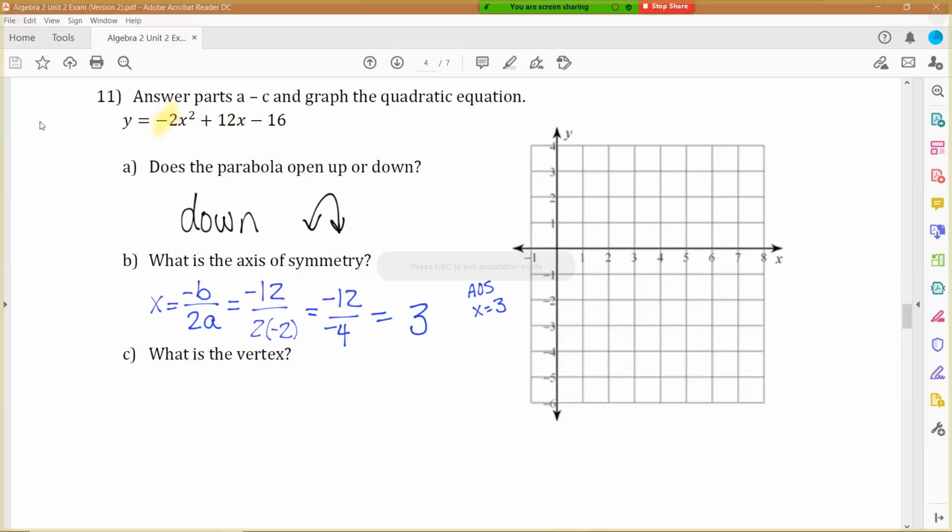Now that we have our axis of symmetry, we're going to go back to the original equation, plug that x value in. So we're going to plug it in here and here to find the y coordinate of our vertex. So in my calculator, I would type -2 times 3 squared plus 12 times 3 minus 16.